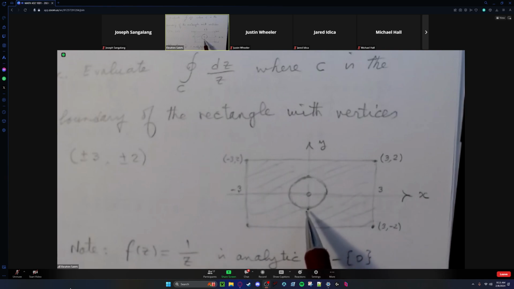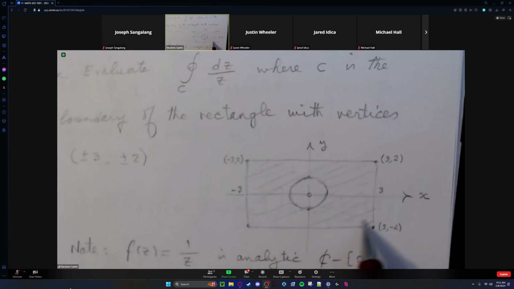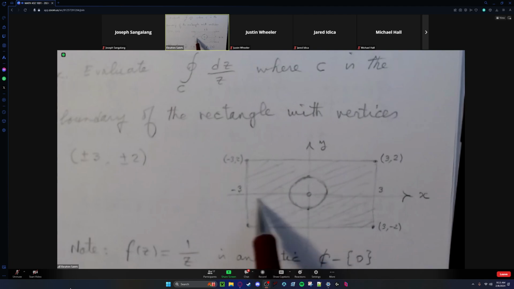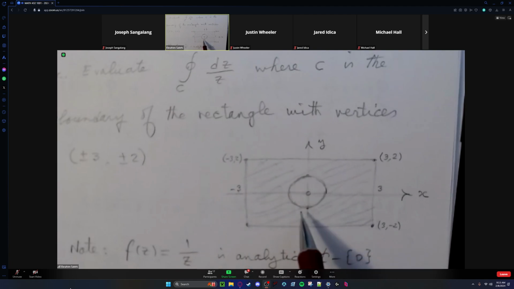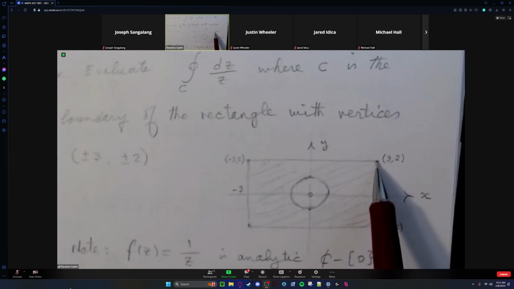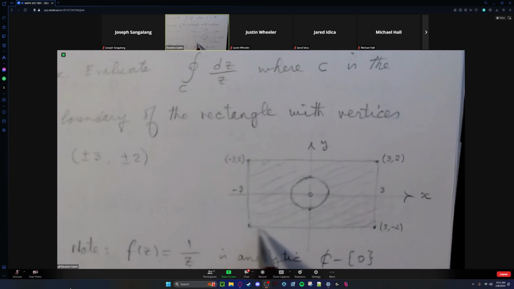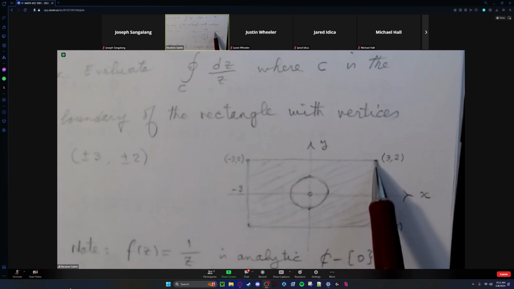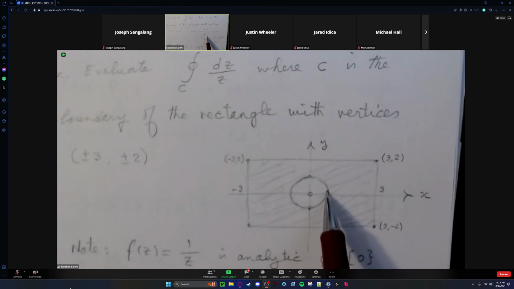So we use this unit circle. Then you get a domain with a hole in it. So the integral over this, call it C, is the same as the integral over this.